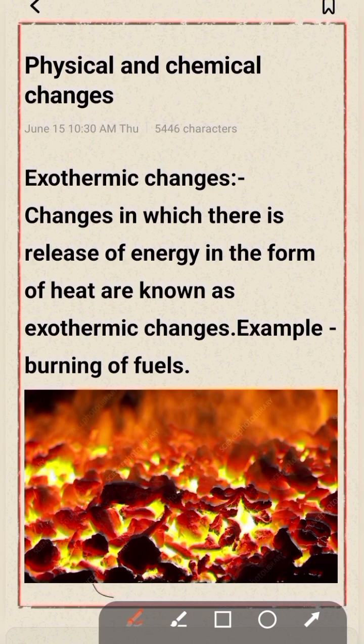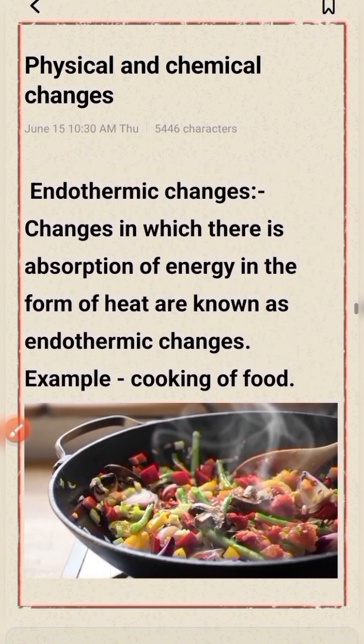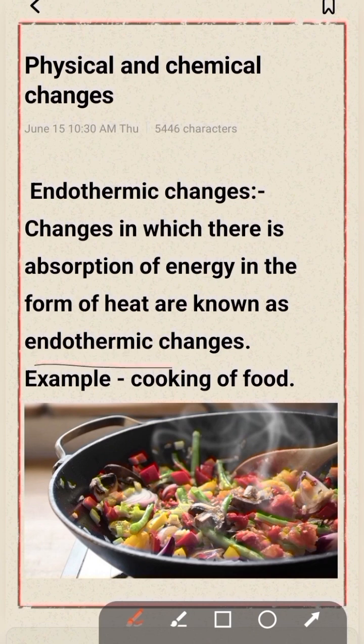Okay. Next changes, endothermic changes. Changes in which there is absorption of energy in the form of heat are known as endothermic changes. For example, cooking of food.